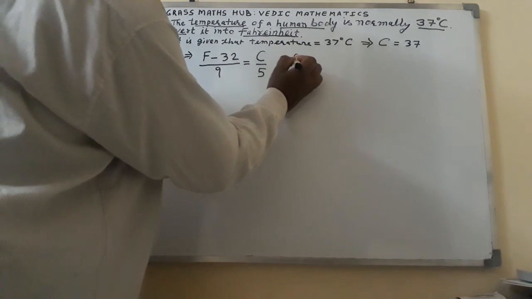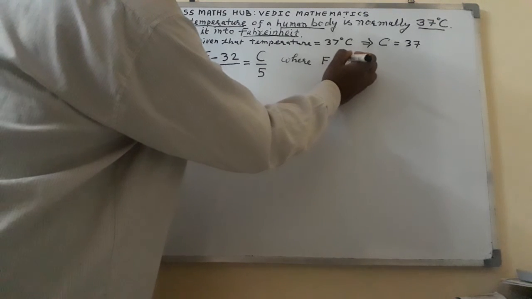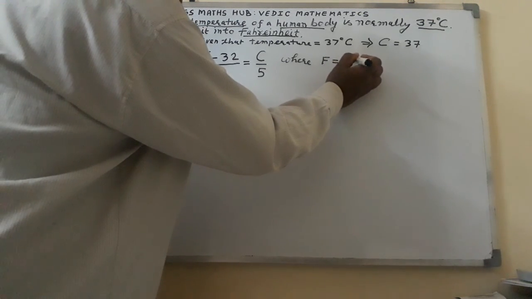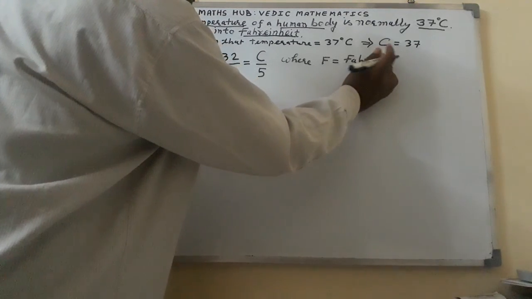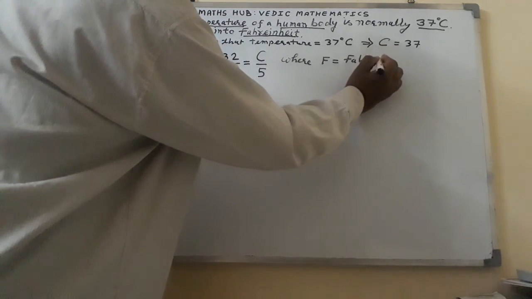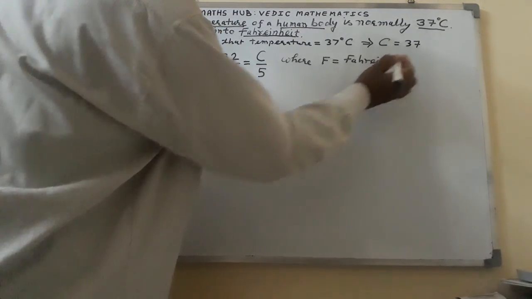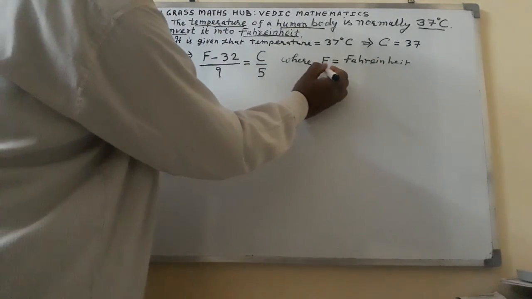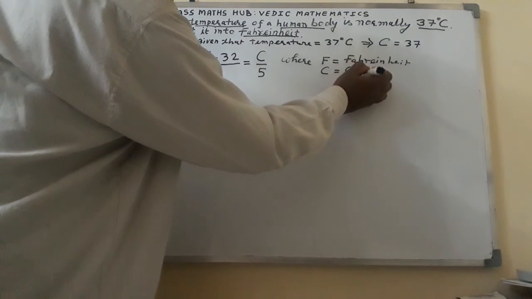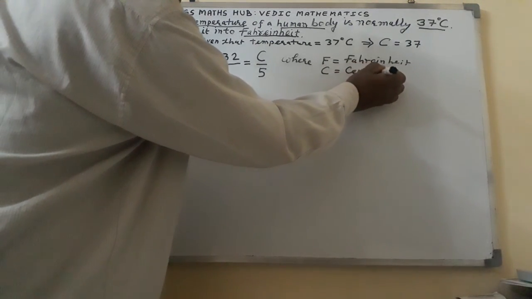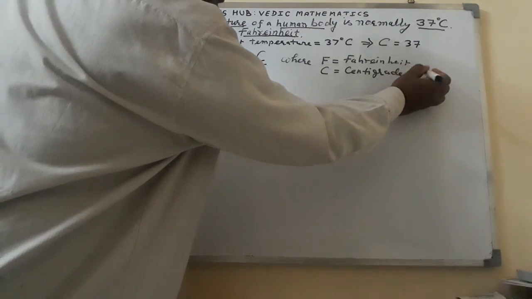Where F equal to Fahrenheit, C equal to centigrade or Celsius.